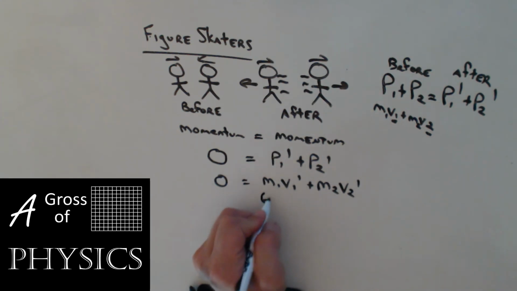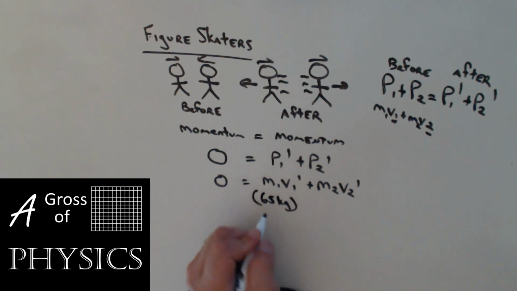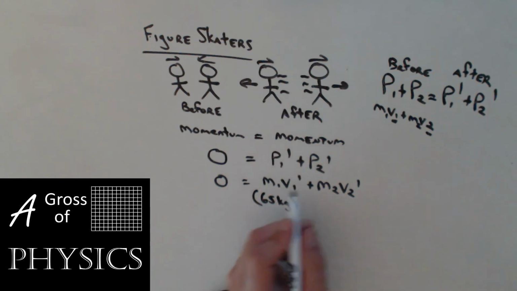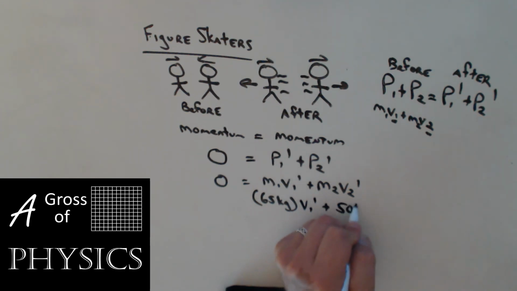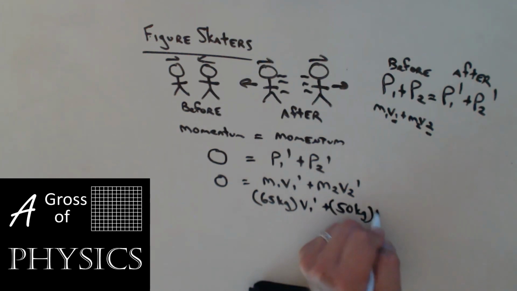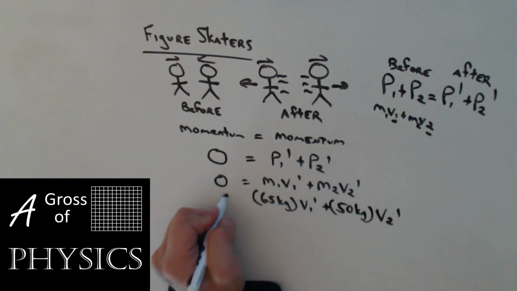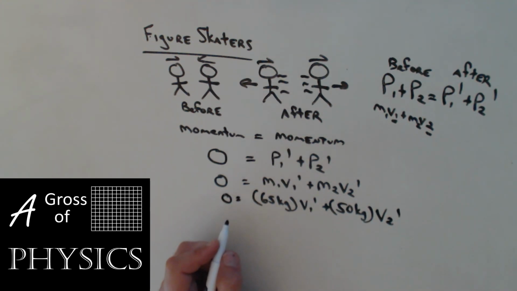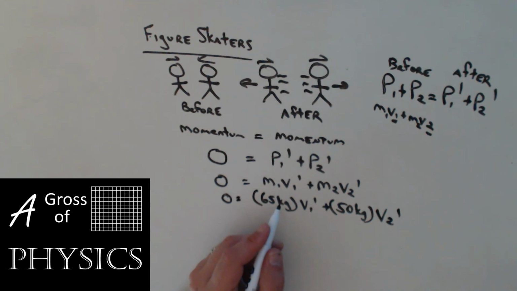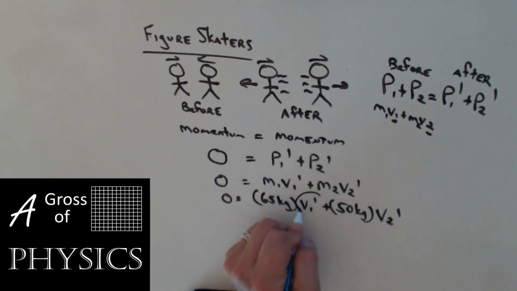We have a 65 kilogram mass for the male and a 50 kilogram mass for the female. So the female is on the right and the male skater is on the left. Now, the only piece of information we need is how fast one of them is going, and then we'll be able to find the speed of the other. We want to find the speed of the male skater, so we're going to try to find v1 prime.